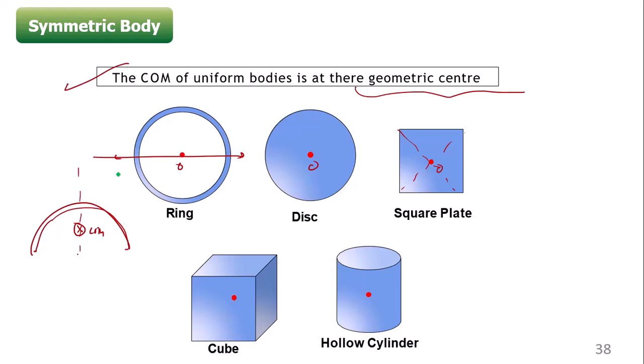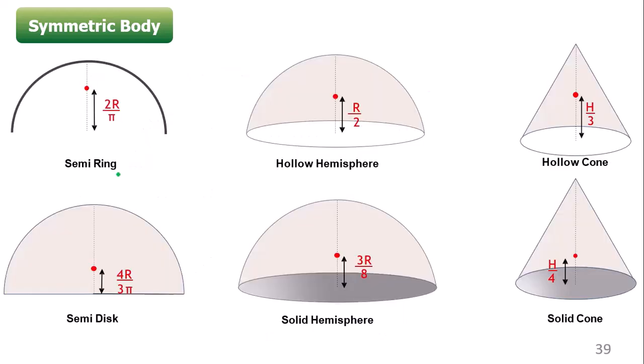There are two types of body, either symmetrical or asymmetric. Okay, so this is the complete set. You have to remember that. So there are different geometries: semicircular ring, hollow hemisphere, hollow cone, solid hemisphere, semicircular disc. For those geometries, these are the values of the center.